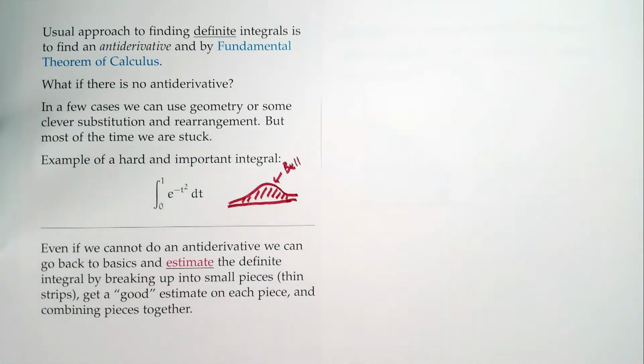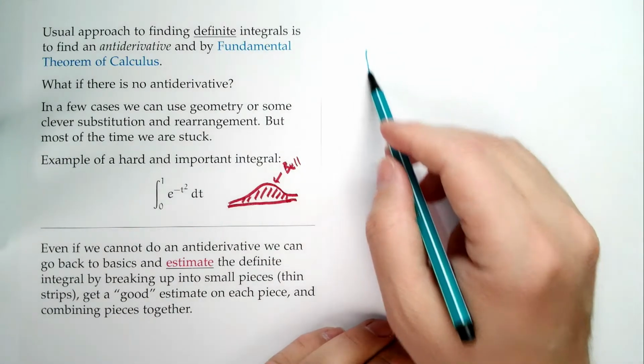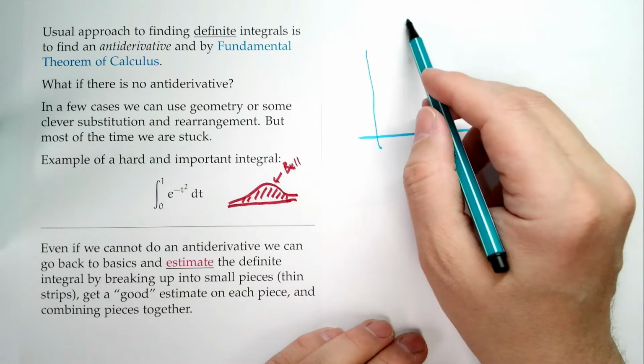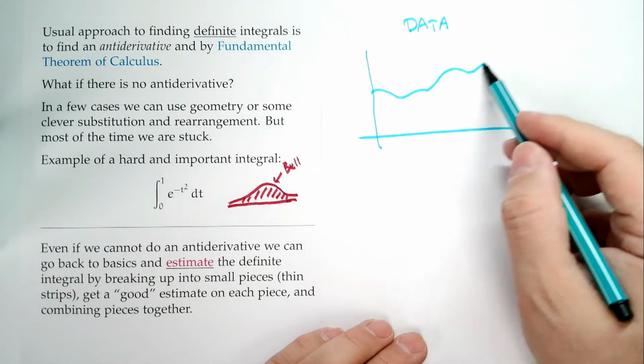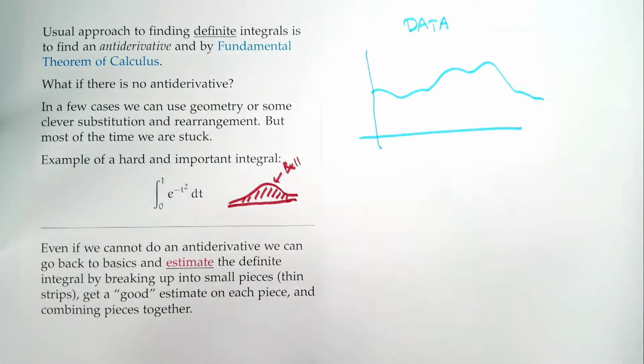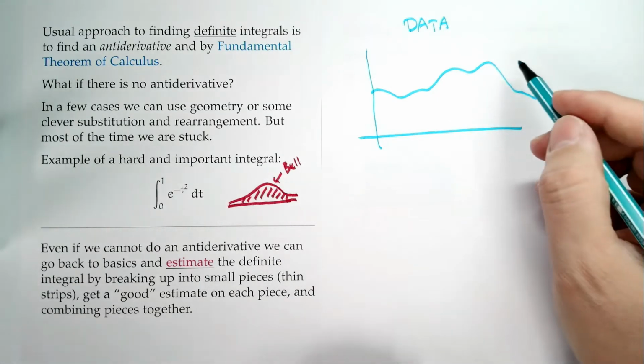So that's one thing. We might have a function where we don't know the antiderivative, we can't find the antiderivative. But there's another thing that might happen, which is we may not even know the function at all. So what does that mean? Well, we may just have data. So our data, we're measuring something, and then we have some sort of set here. And we say, okay, well, what's this function doing?